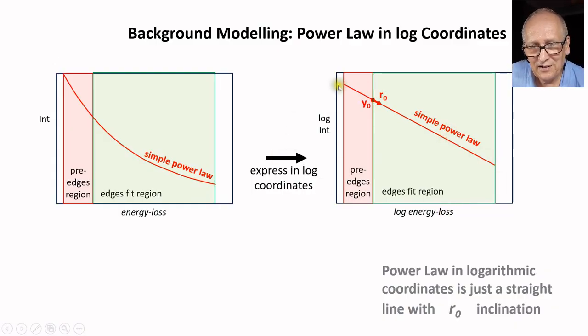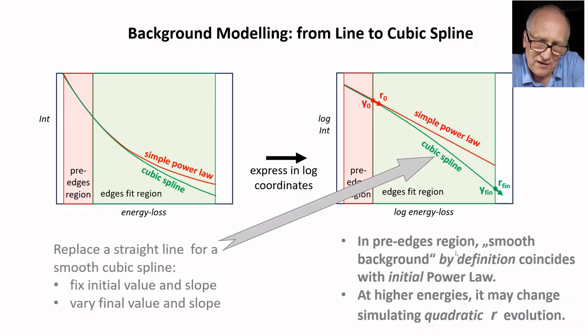And the exponent r is nothing but the inclination of this straight line in logarithmic space. Then how about changing it a little bit? Deviate from the straight line, replace it with some smooth curve. Something like that, probably.